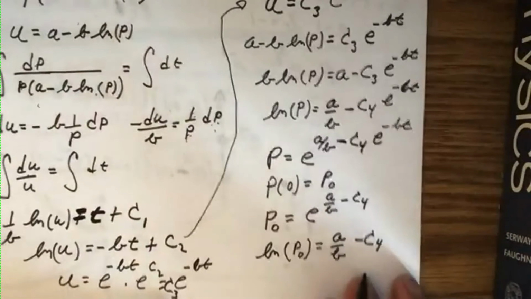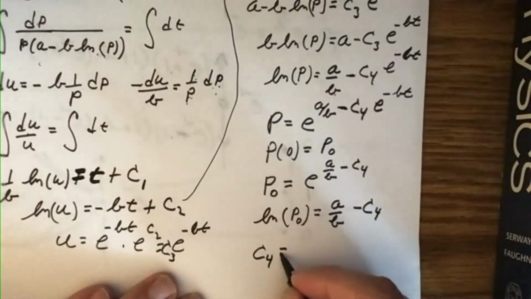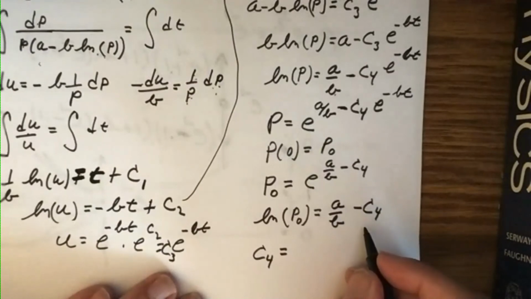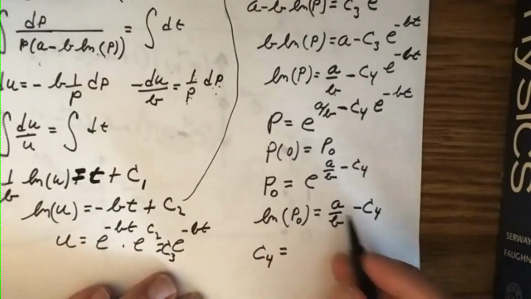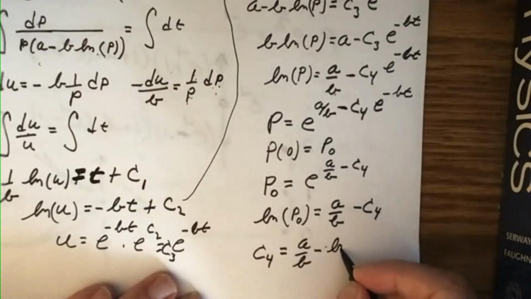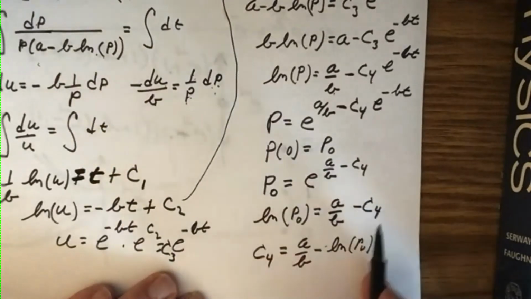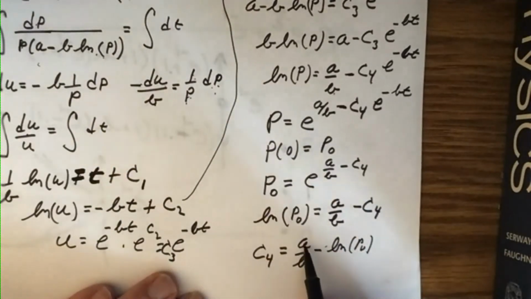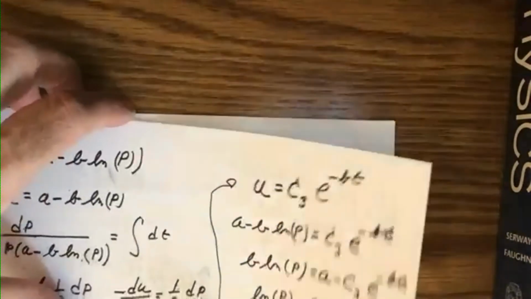C4 is equal to, let's see, I bring this over here, I get a positive, and this is going to be negative, right? So C4 is equal to a over b minus the natural log of P0, right? I brought the C4 over to here and brought this over to there. So that's my C4.